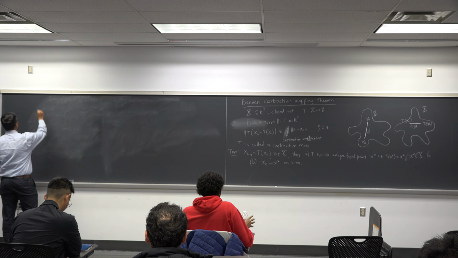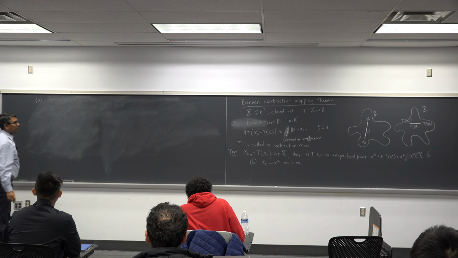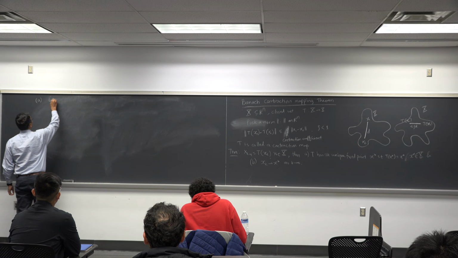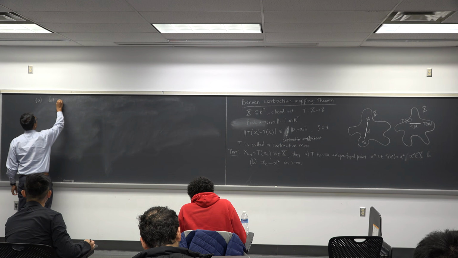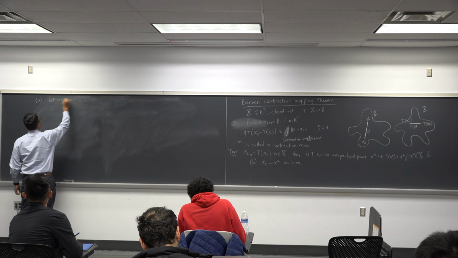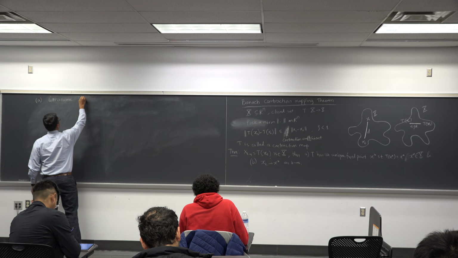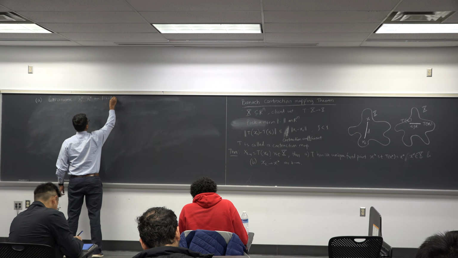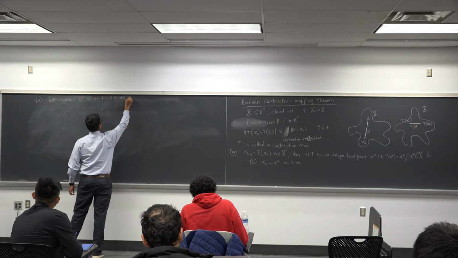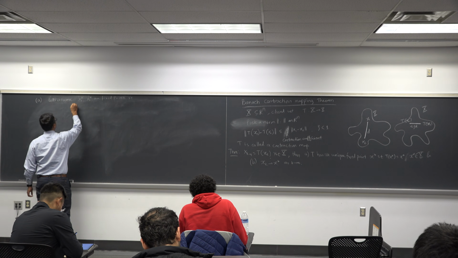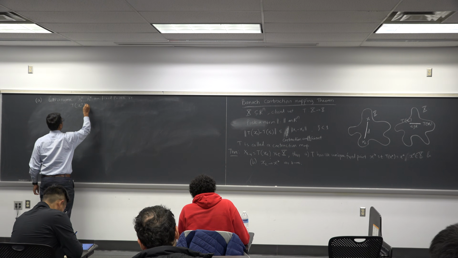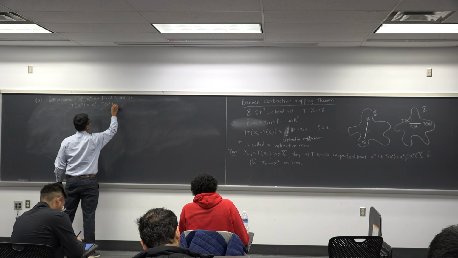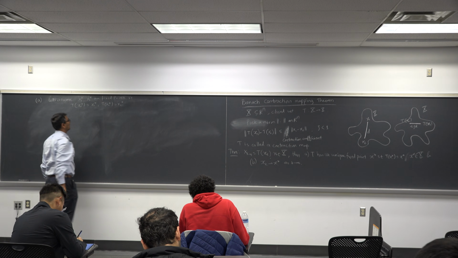Okay, so part A: T has a unique fixed point. Let's say I have two fixed points, x1 star and x2 star, such that T(x1 star) = x1 star and T(x2 star) = x2 star.